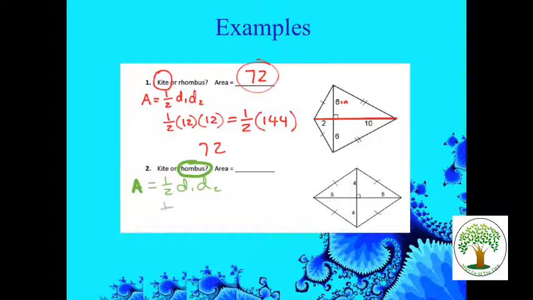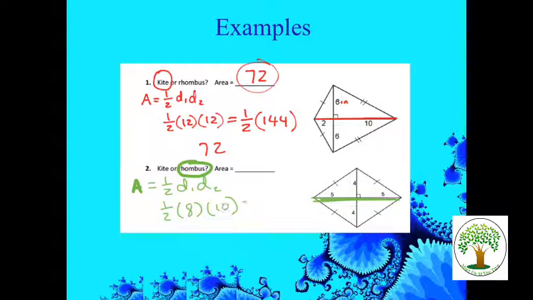All right. What is one of the diagonals? 8. Yes, we got that from here, 4 plus 4. And the other diagonal? 10. I want you to notice that because this is a rhombus, it bisected, so I had 2 of the same numbers twice. That will always happen on a rhombus.